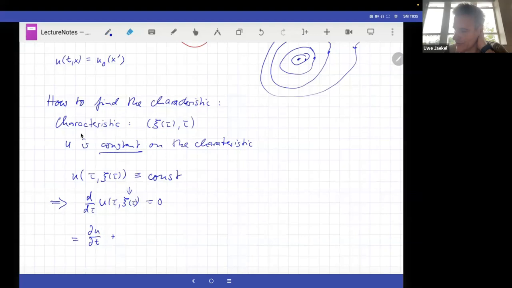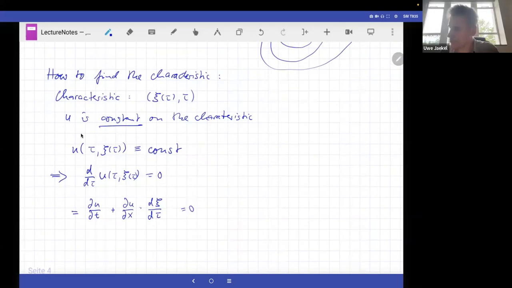So we take the derivative with respect to the space variable, but multiply it with the inner derivative d psi over d tau. This would be 0.